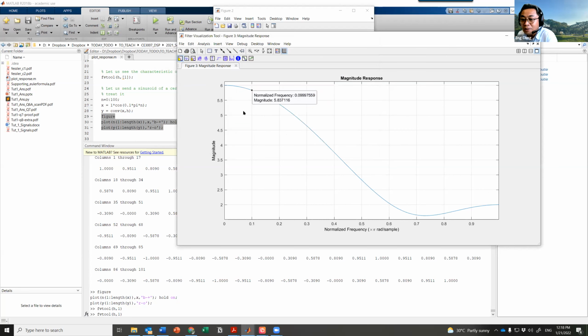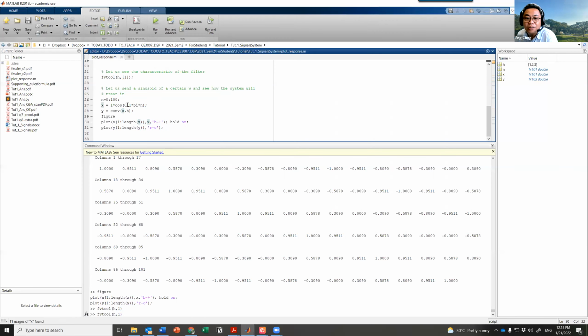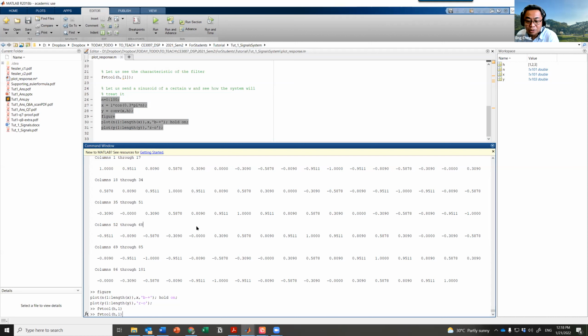If I change to a different signal, for example, 0.3 pi, the output is 4.6. Let's go and change to 0.3 pi. I change my input to be 0.3 pi, send 100 points, and generate my output.